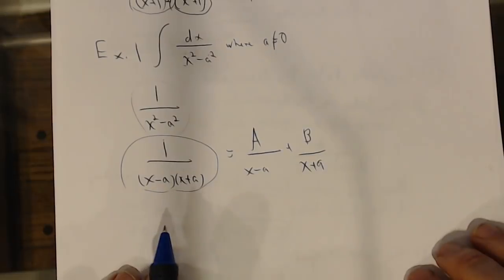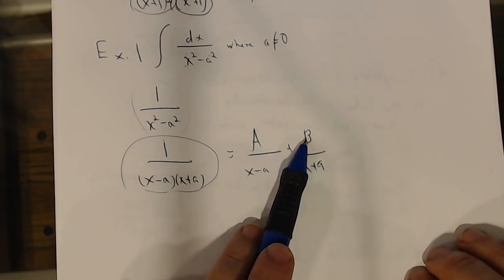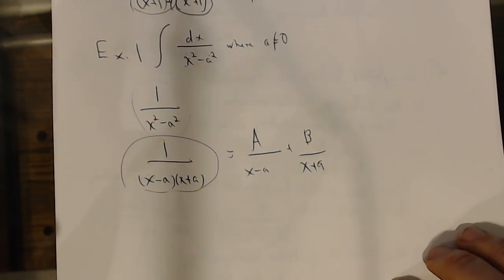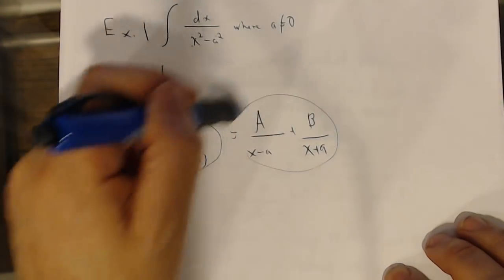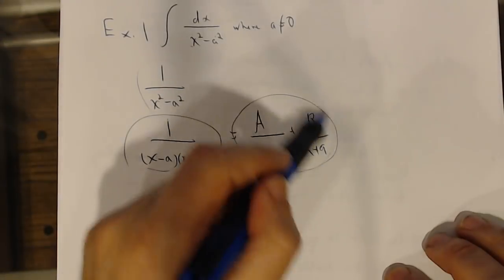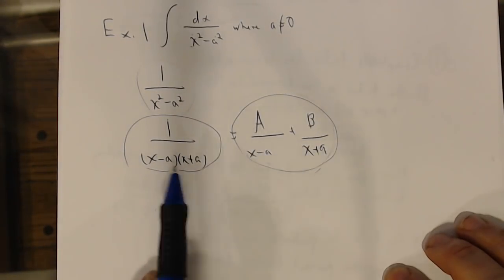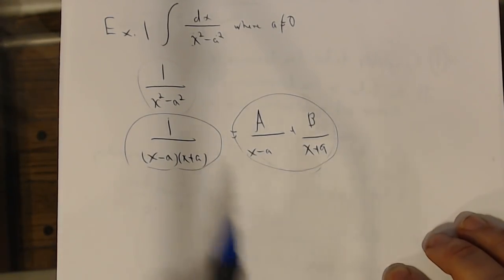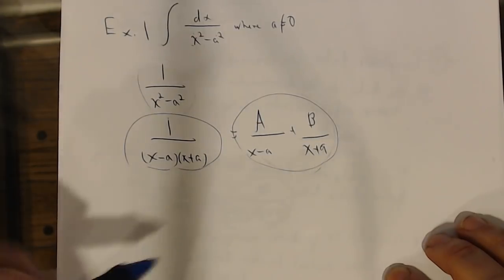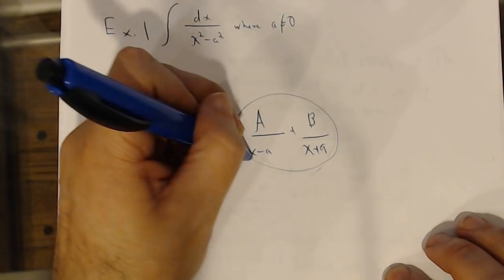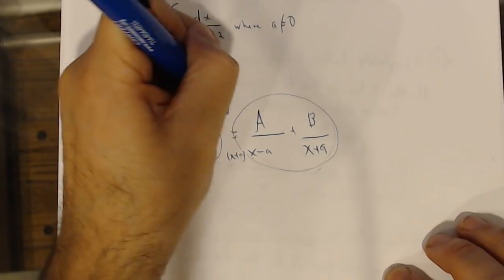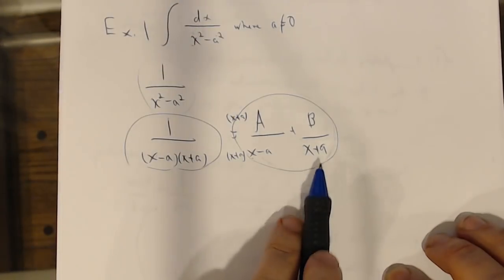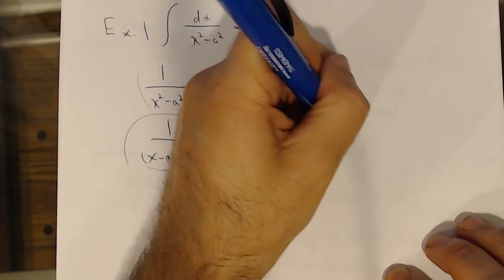To find out what capital A and capital B are, we need to work backwards. So I'm going to put this back together, and I want this to look exactly like the left side. The first thing I need to do is get a common denominator. So multiply this one by x plus a, and multiply this one by x minus a.